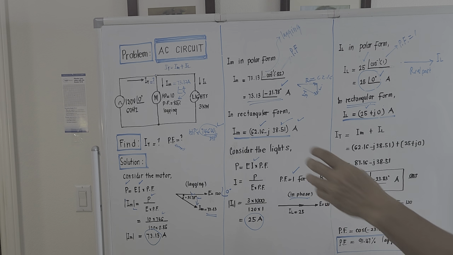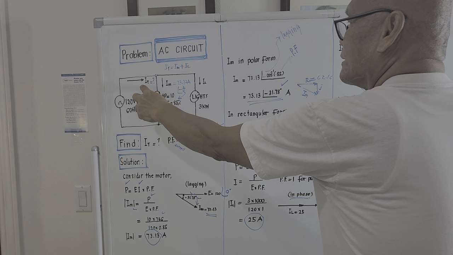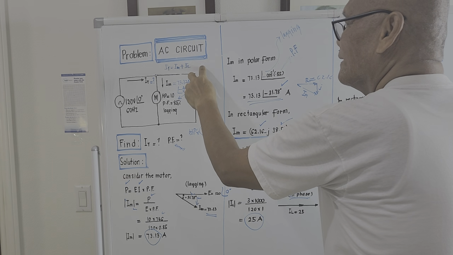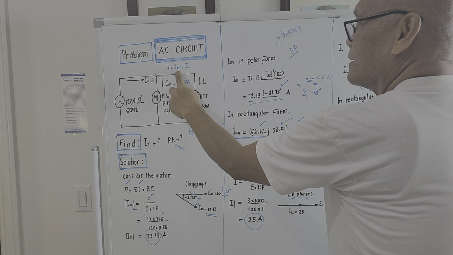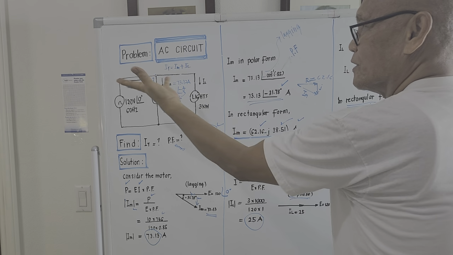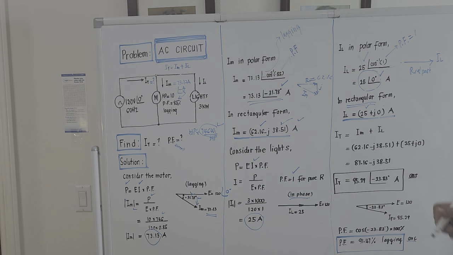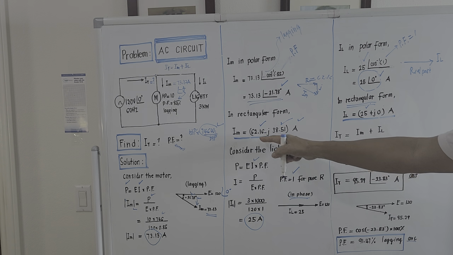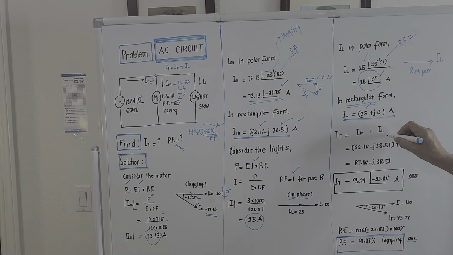So from here, the total current will be IM plus IL. We put this in rectangular. IM in rectangular is 62.16 minus j38.51. IL in rectangular is 25 plus j0.